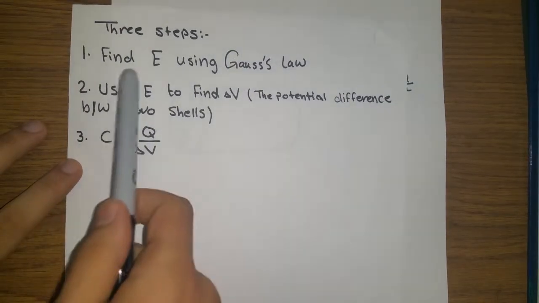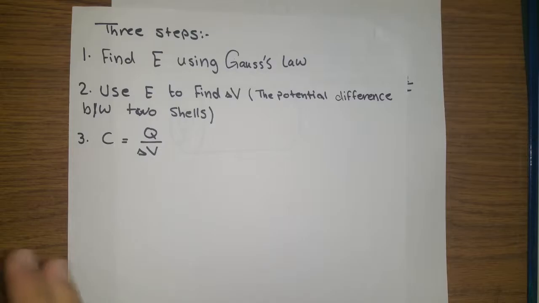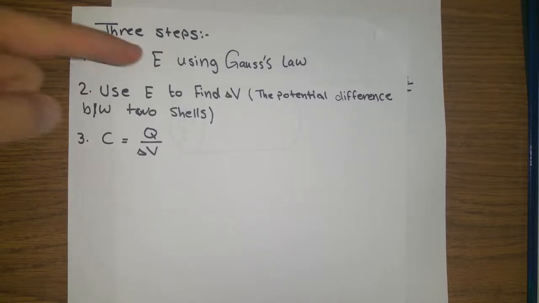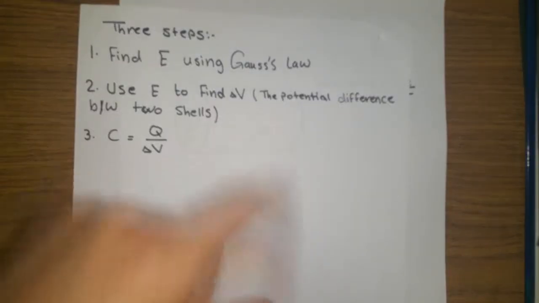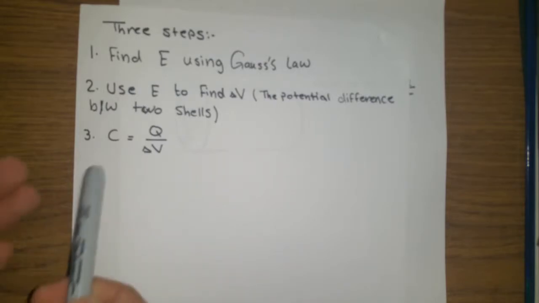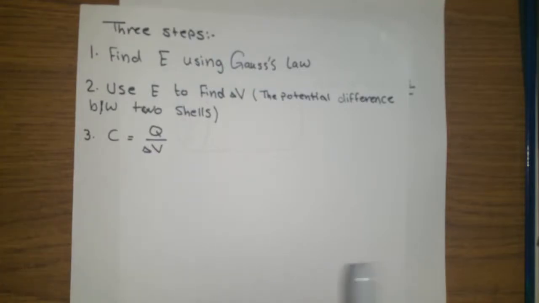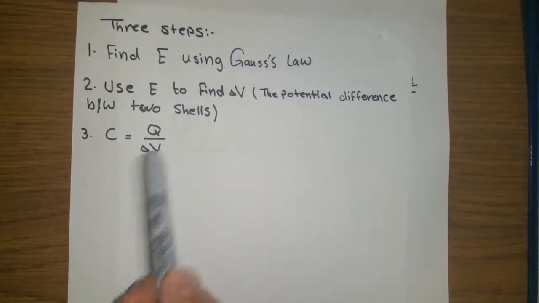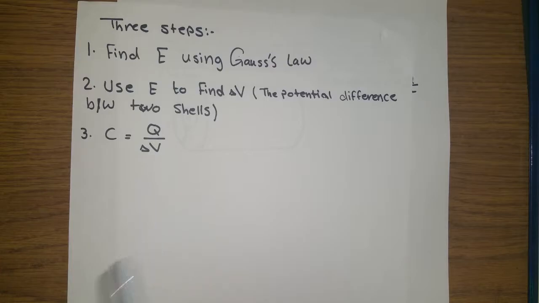First, we need to find the electric field using Gauss's law. The second step is we are going to use E to find the potential difference between the 2 shells. And step 3 is to find the capacitance using the definition, that is the charge placed on the capacitor over the potential difference between the 2 shells.